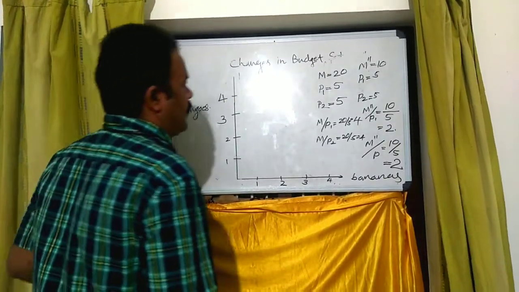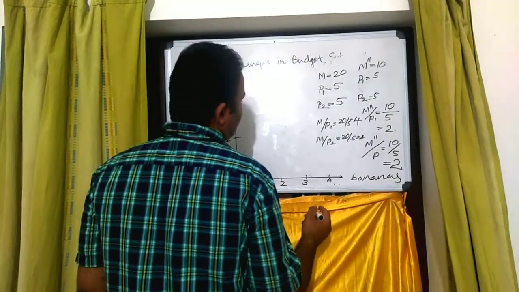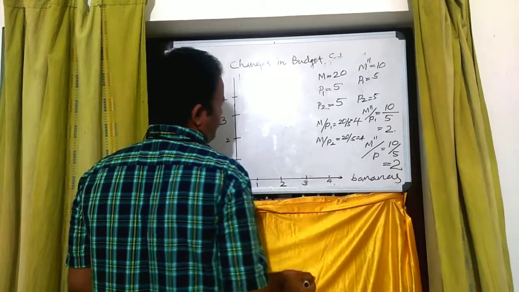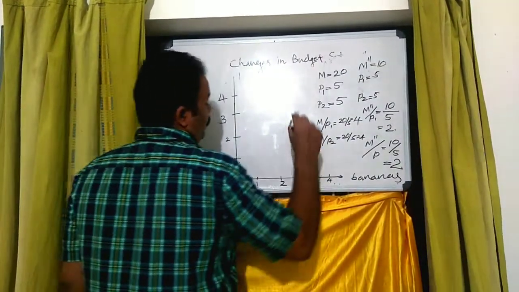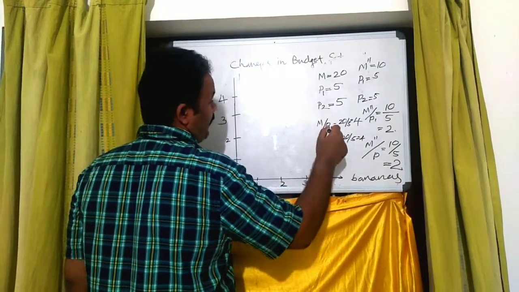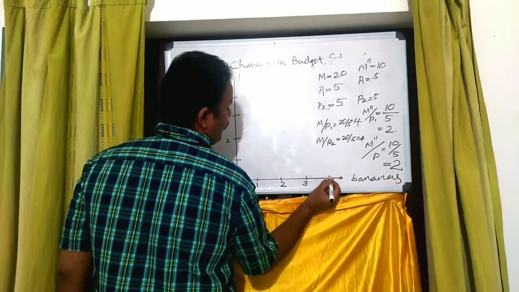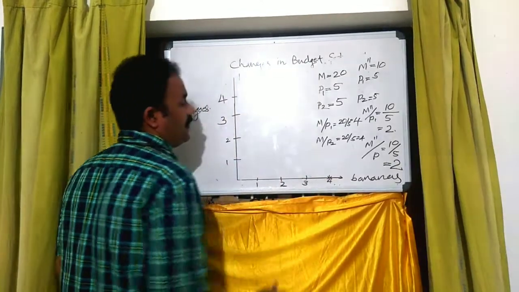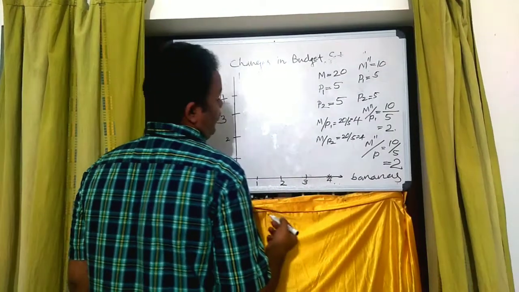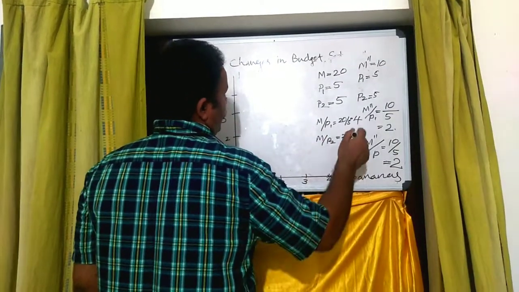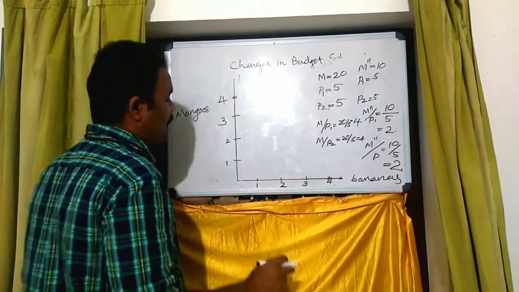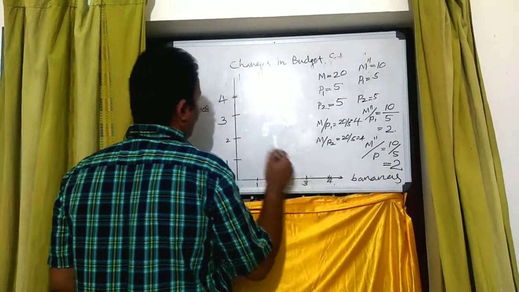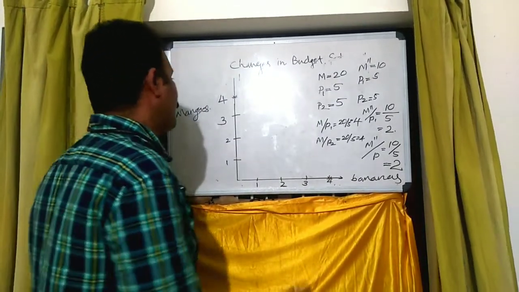Then here the initial horizontal intercept and vertical intercept. The horizontal intercept, that is M by P1, is equal to 4, so we can plot 4 here. And the vertical intercept, that is M by P2, is also 4. We got the horizontal intercept 4 and the vertical intercept 4.